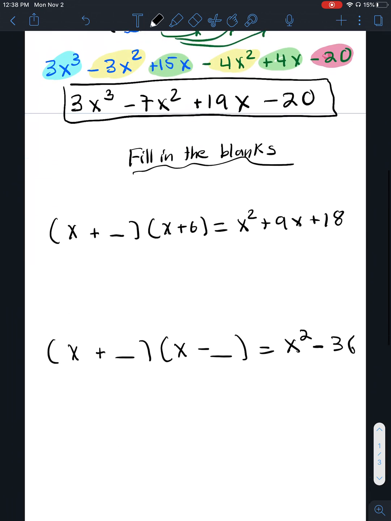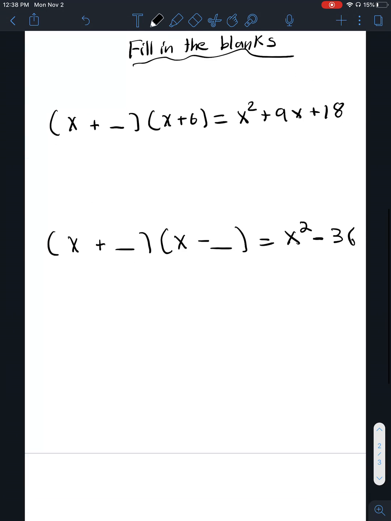So our next section is fill in the blank. This is kind of another way to visualize this distributive property that's going on. When I look at this problem, I kind of look for truths. So I know the two numbers right here need to multiply to 18. To me, this is not going to be a difficult problem because there's only 6 times 3.